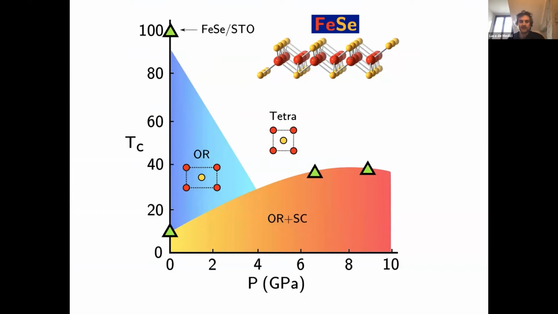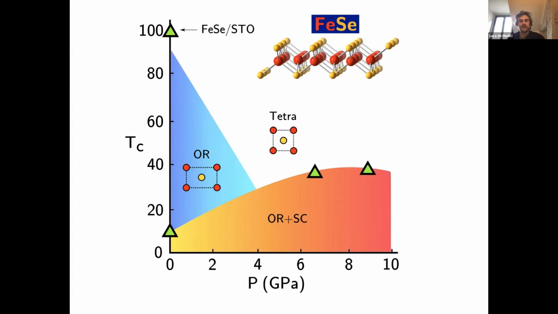In the phase diagram, it doesn't have magnetism, but like the other ones, it has an orthorhombic distortion at low temperatures, in which superconductivity arises. I'll focus mainly on the tetragonal high temperature phase, but then we'll also say something about the superconducting phase, and in particular, the fact that the superconducting TC almost quadruples under pressure.